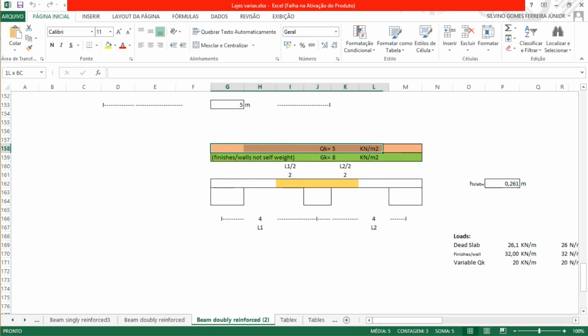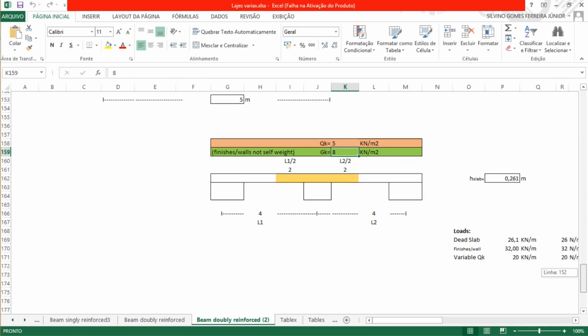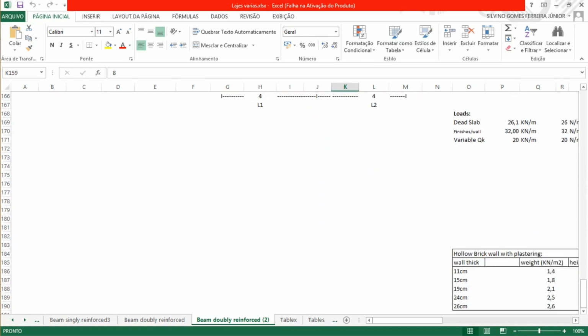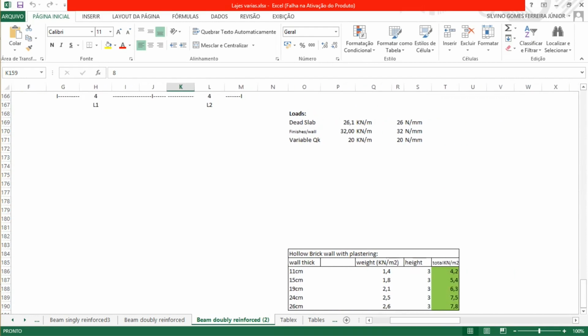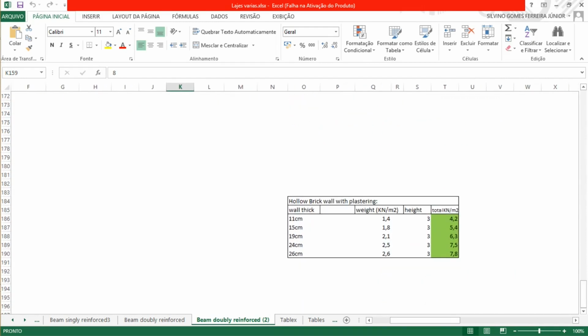Let's adopt for variable load 5 kilonewtons per square meter on top of the slab, and for finishes or walls, let's adopt 8 kilonewtons per square meter. I get this from, for example, walls. I know from hollow brick walls with plastering, for example, 26 centimeters, this is the weight and this is the height.